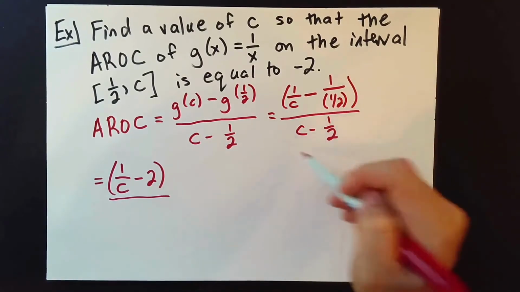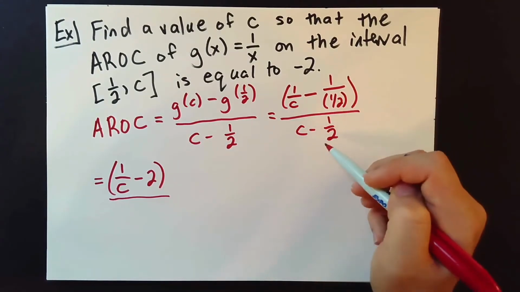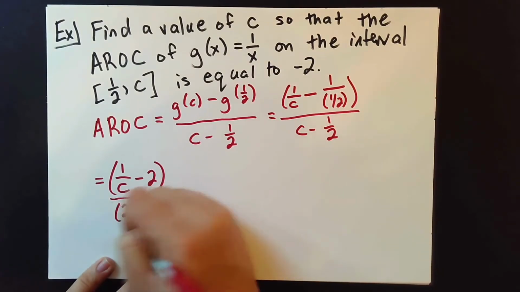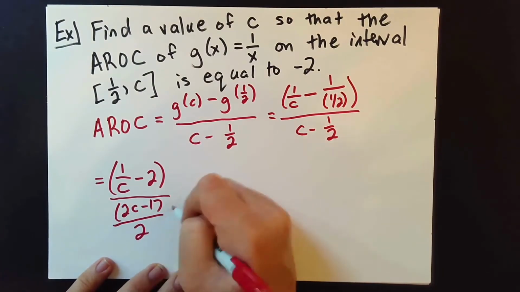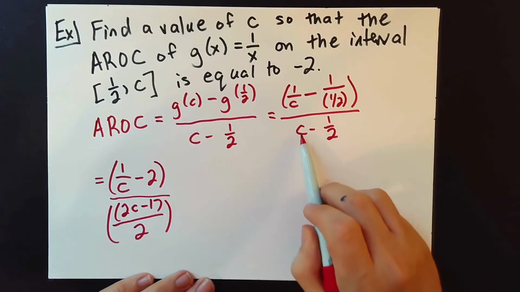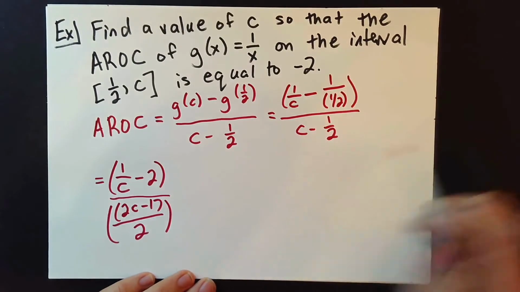And I'm going to go ahead and put this over a common denominator now. So this is 2c minus 1 divided by 2. That's because c is 2c over 2.